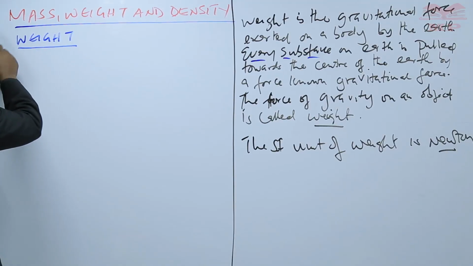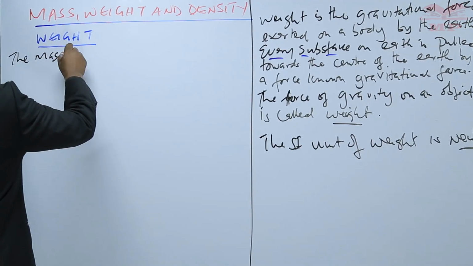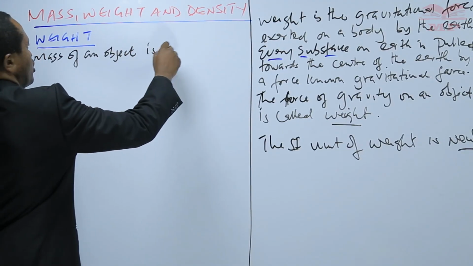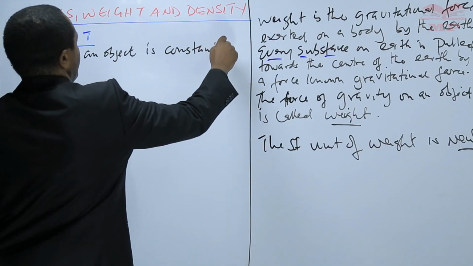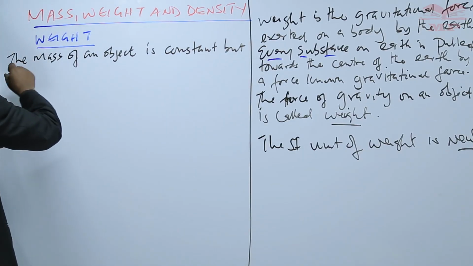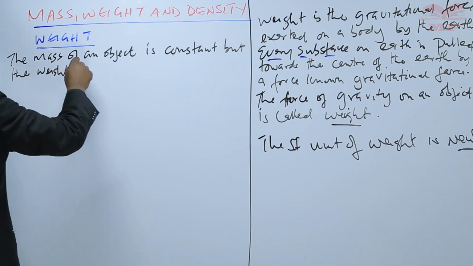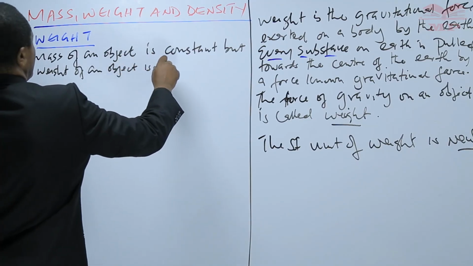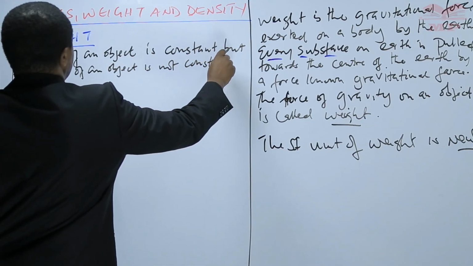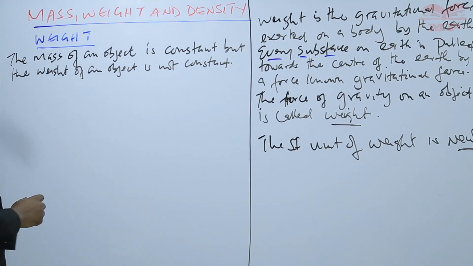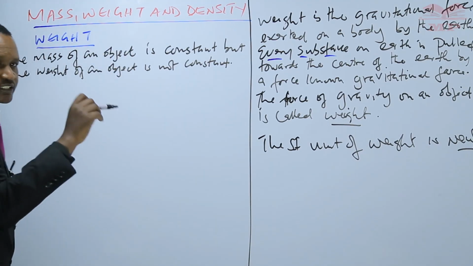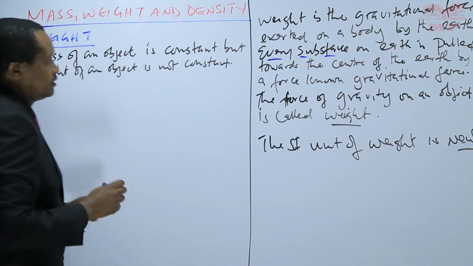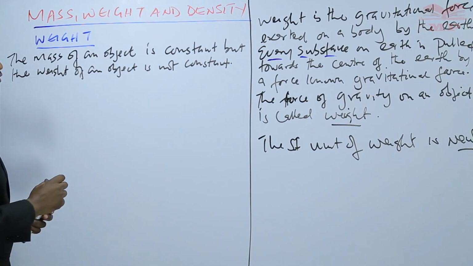We said that the mass of an object is constant, but the weight of an object is not constant. The mass of an object is constant. That means it does not change regardless of where you are. That is the mass. Okay?